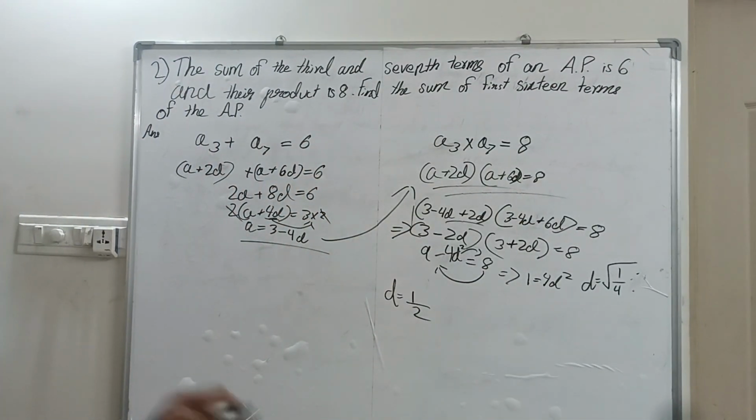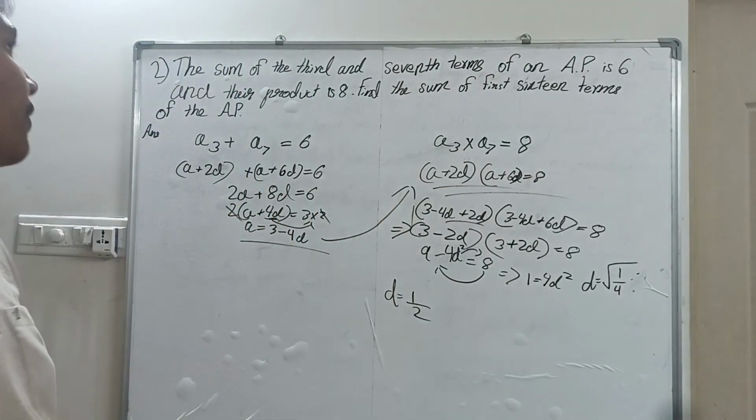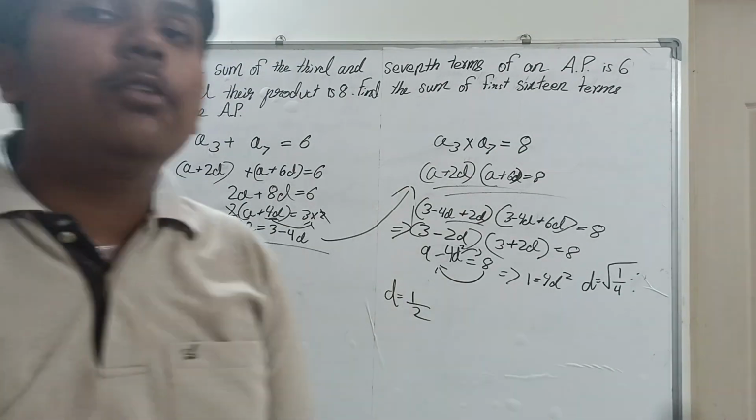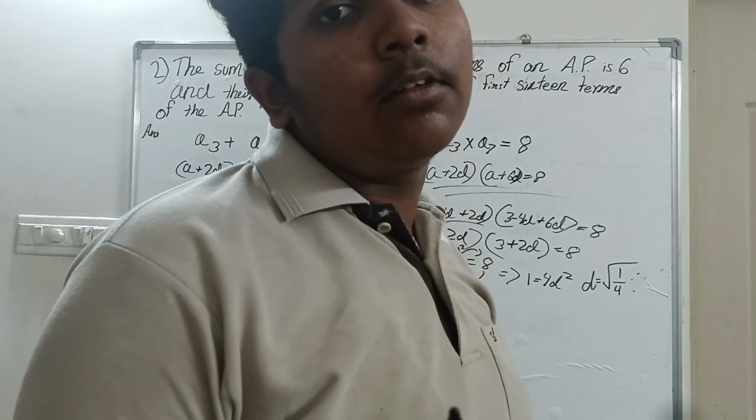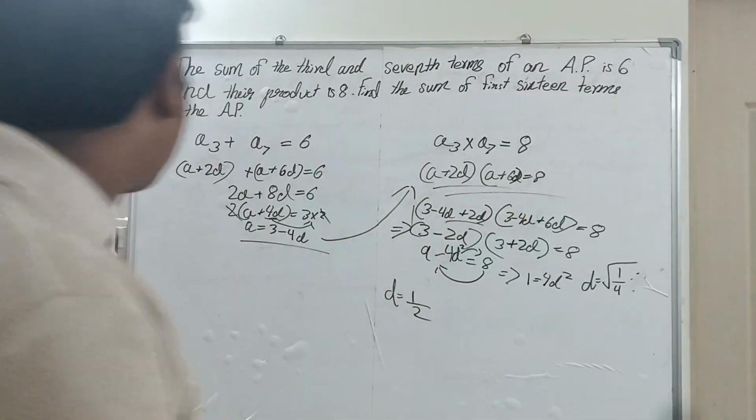Now, what do you have to do now? Read the question. Find the sum of first 16 terms of the AP. So you need one more guy. Who is that guy? A, right?